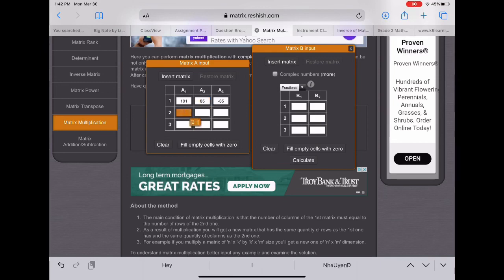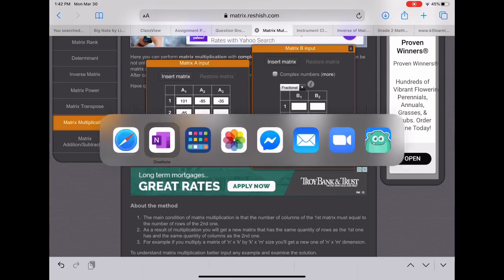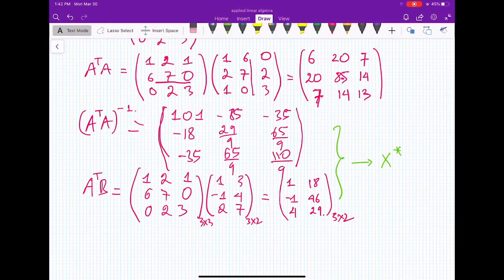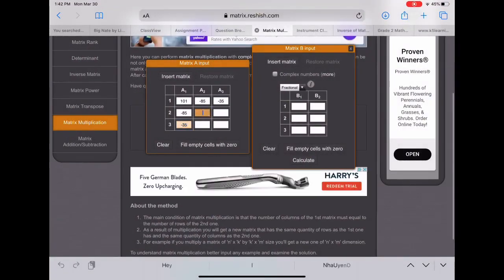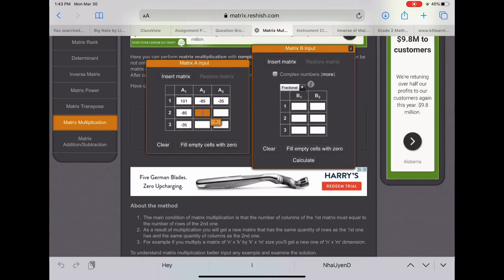In here I should have negative 85. And here negative 35. Alright, and then negative 18, 29 over 9, 65 over 9, 29 over 9, 65 over 9.